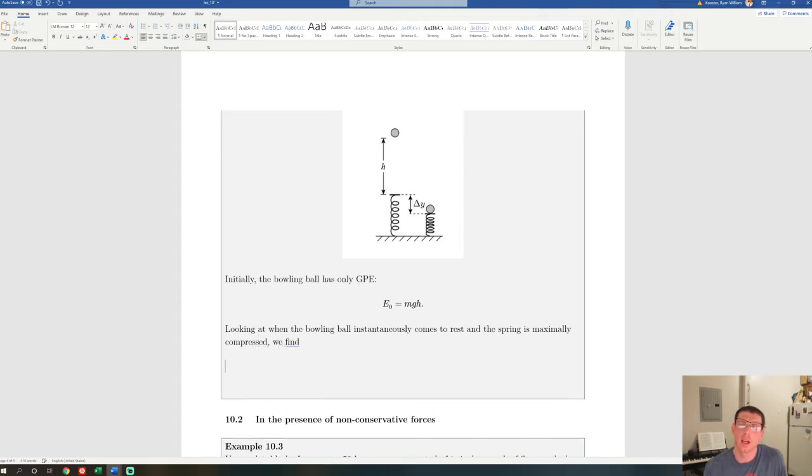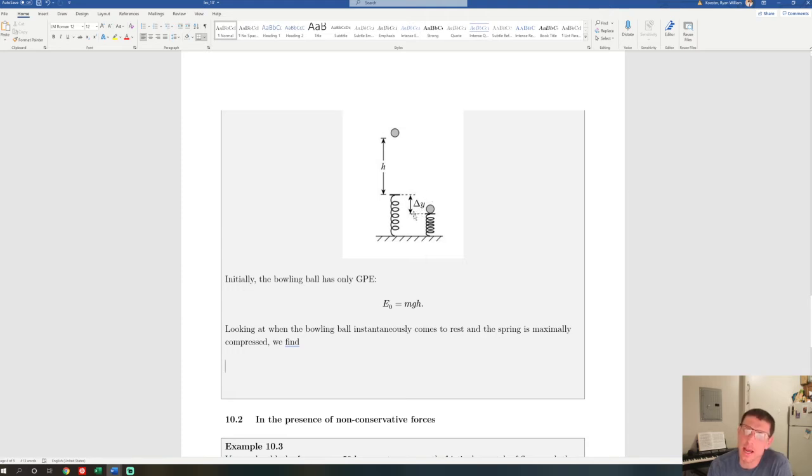And so this might also be a little bit unclear, so let me talk about what's happening here. We're imagining we drop this bowling ball onto a platform that's fixed to a spring. If we could make an animation, it would look something like this: we drop the bowling ball, it hits the platform, and the spring maximally compresses.